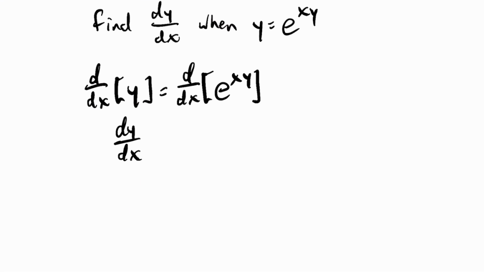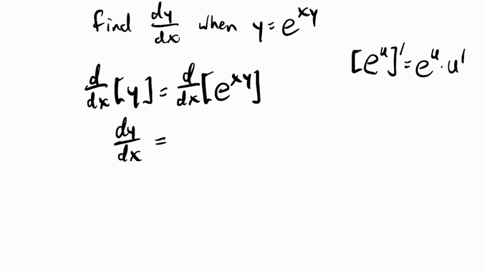So that's why we use that Leibniz notation. Okay, so this equals, well, we're going to be finding the derivative of the outside function, writing that down, and then multiplying that with the derivative of the inside function. Whenever you have e to the u prime, this is always going to be e to the u times u prime. But that's with the Lagrange notation, where x is implied to be the variable of the derivative.